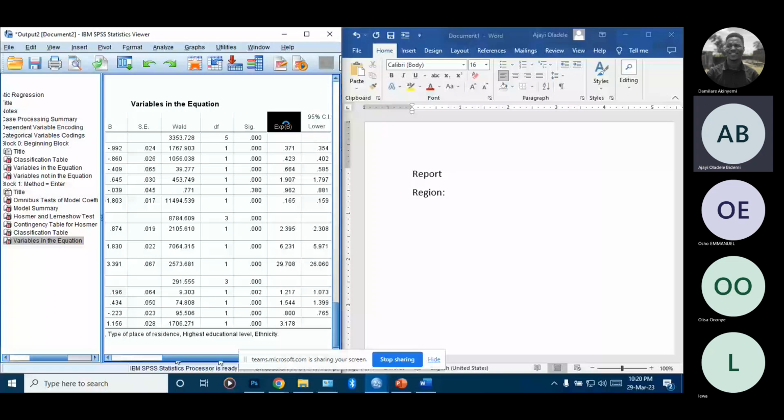If you take the exponential of this value, this is what we are going to get, and this is our odd ratio. Whenever we have our beta to be negative, the odd ratio is going to be less than 1. To be positive, the odd ratio will be greater than 1.